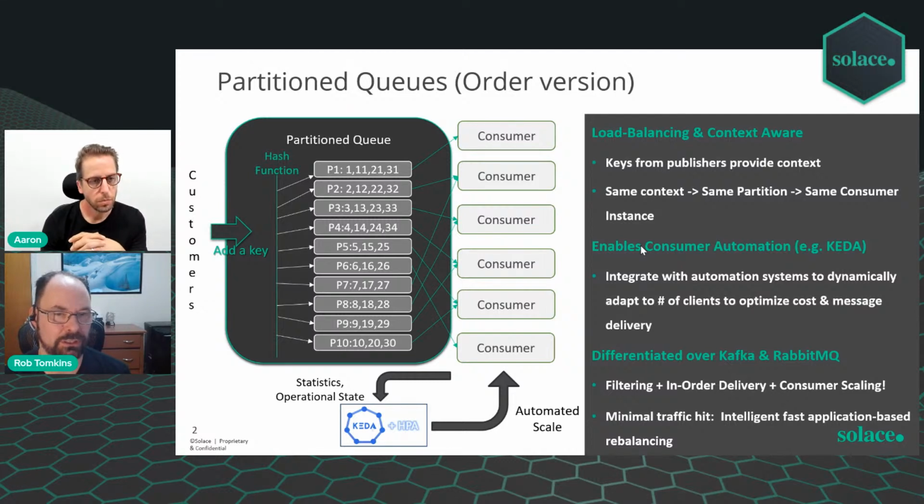So by using a partition queue, you're recognizing that what you care about is the order of delivery within that key's context, because as you said here, Aaron, we're doing a bunch of parallelism in order to create this load balancing. But what's key around a partition queue is that you maintain that context awareness and the in-order delivery for that context. And that context can, in this case, because it's not just a single topic, span multiple topics. Right. Okay.